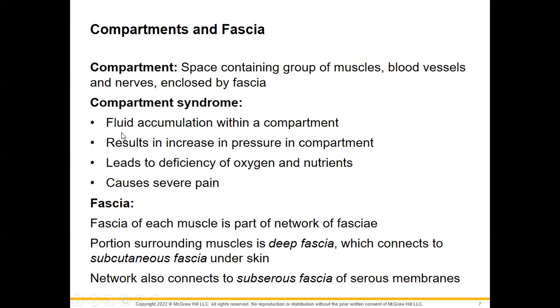As that fluid starts to accumulate in that compartment, it increases the pressure inside of that compartment. And if too much pressure builds up inside of an enclosed space, it can lead to a decrease of oxygen and nutrients because you have a decrease of blood flow through the vessels. And because of that, it can lead to severe pain.